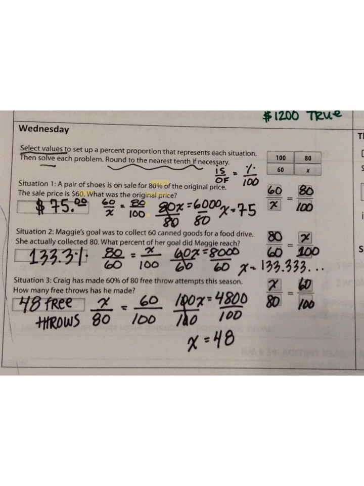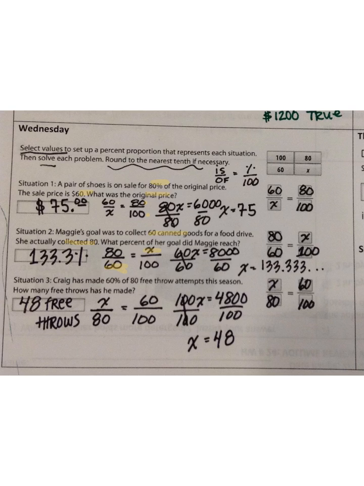For situation two, Maggie's goal was to collect 60 canned goods for a food drive. She actually collected 80. What percent of her goal did Maggie reach? So is over of, percent over 100, we're asked what the percent is, so that's why there's an X over the 100. Now with part to whole, her goal was 60, so that's the whole, or the of.